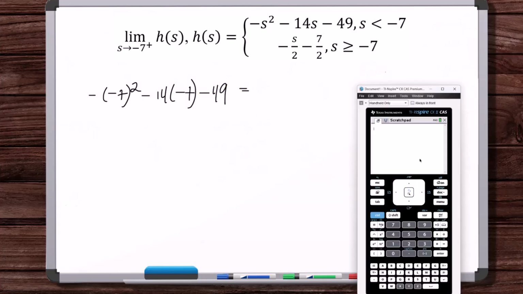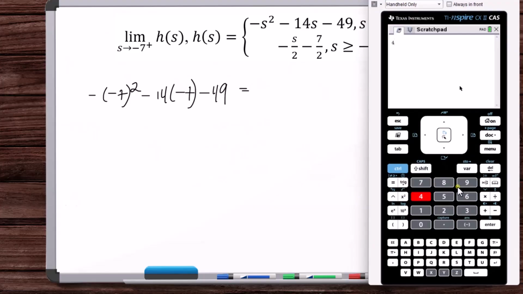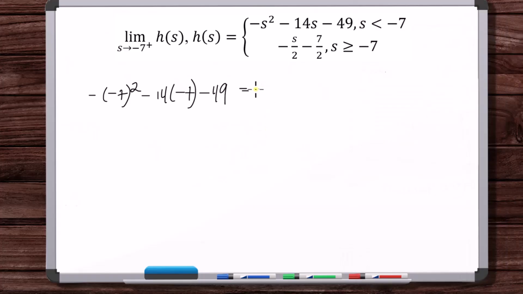So we've got 49 times minus 1, then plus 14 times 7, then minus 49. So this is equal to 0. Okay, now here we've got minus 7. Okay, so this is also equal to 0. So the function is continuous at minus 7.